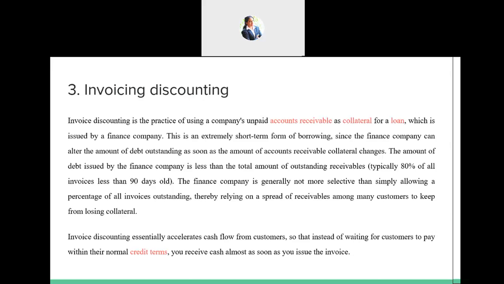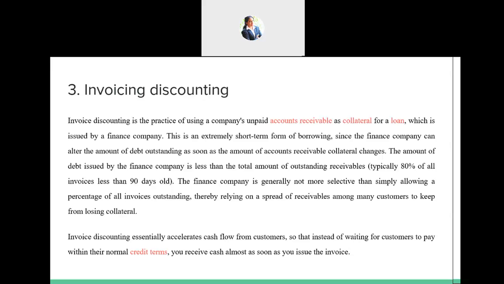I would repeat it once again. Now, invoice discounting is a form of asset based finance which helps a business to release the cash that has been tied up in the form of invoices.